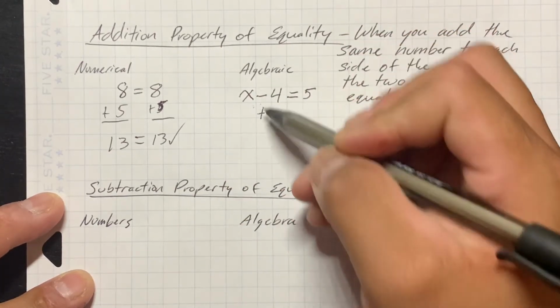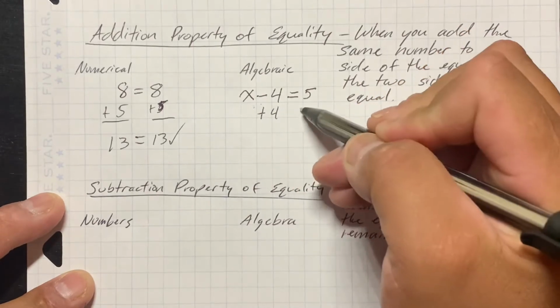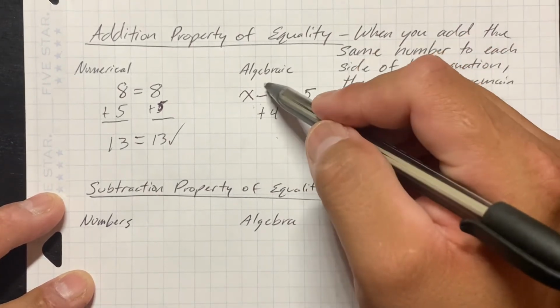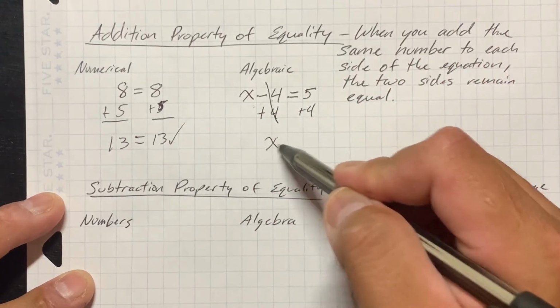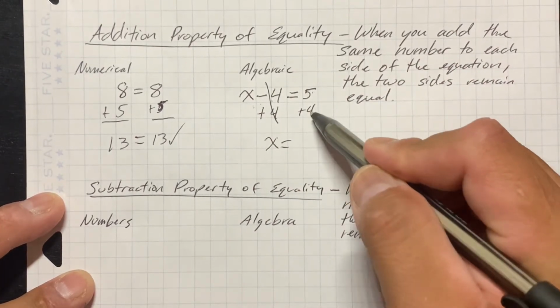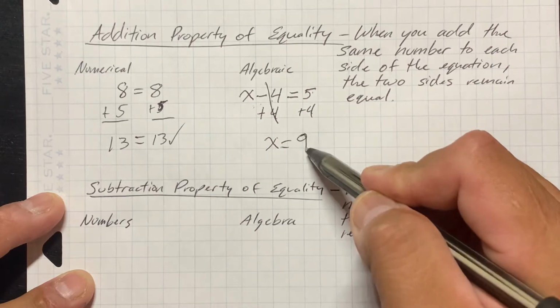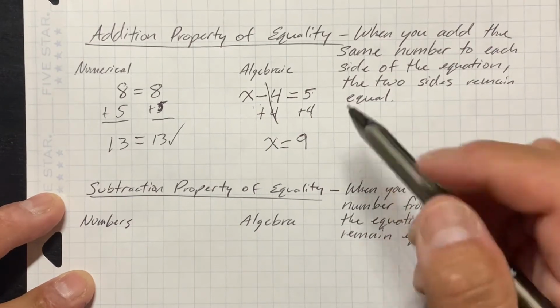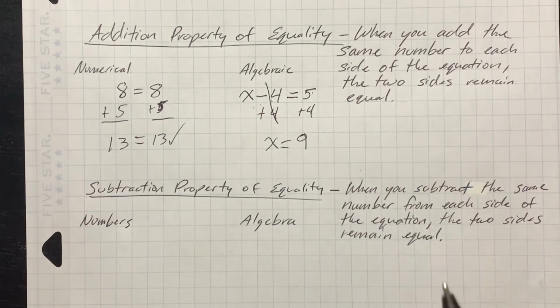So to get x by itself, we're going to have to add 4 on both sides. Negative 4 plus 4 is going to be 0, and x is by itself. And 5 plus 4 is going to be 9. Okay, so that would make that statement true. Again, this is the addition property of equality. We're adding the same number to both sides of the equation so that both sides remain equal.